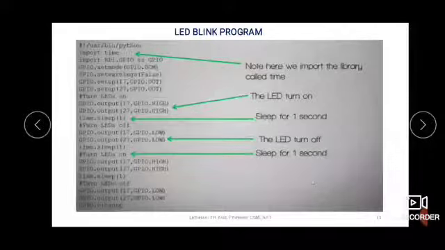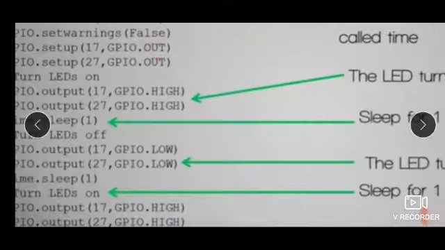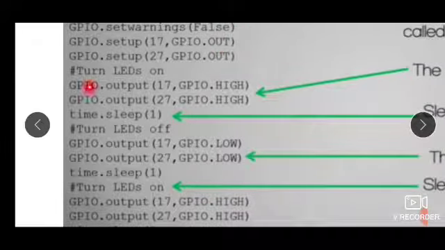Here we set the mode GPIO.BCM, which we have discussed. Then set warnings to false. Then set 17 and 27 as output pins. Then for turning on the LEDs, GPIO.output 17, GPIO.HIGH.